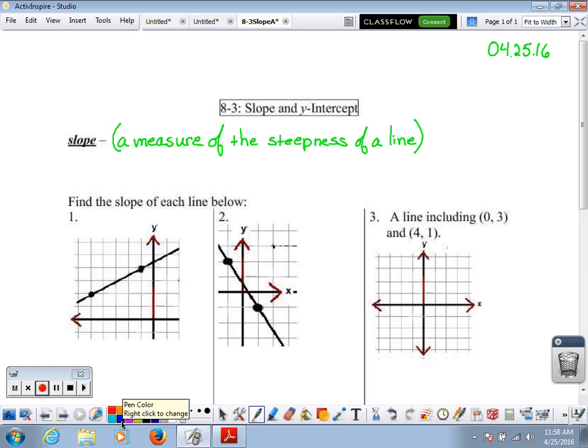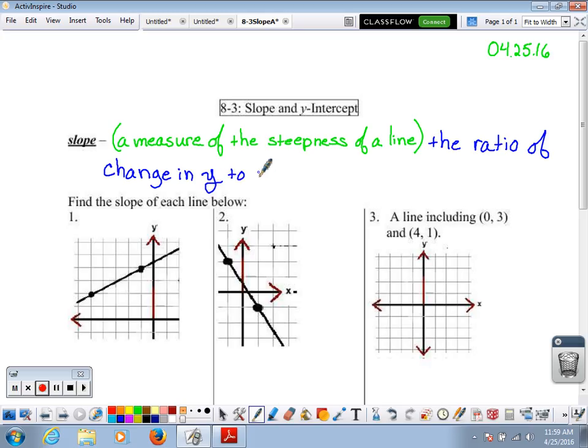And the definition for slope is the ratio of change in y to change in x. Okay, we're going to be working with graphs.